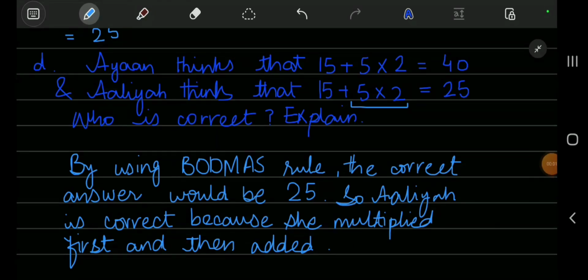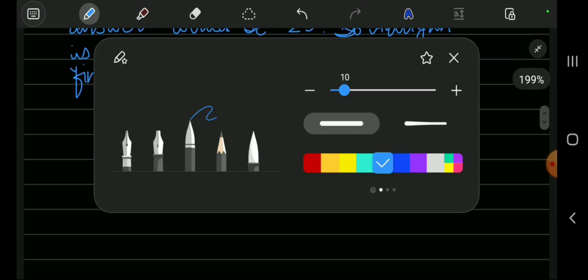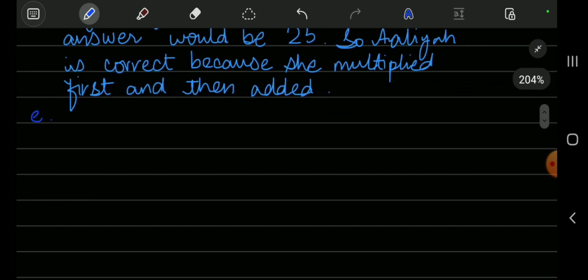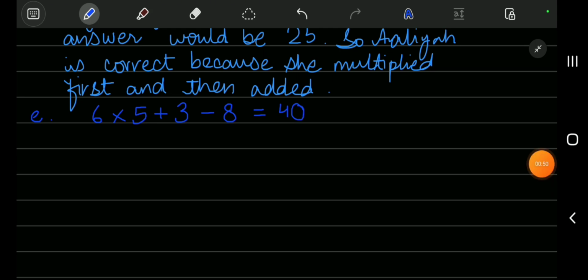So let's discuss one more type of question. Okay, it's a bit tricky type of question, but it would be interesting at the same time. Okay, so this is a question.